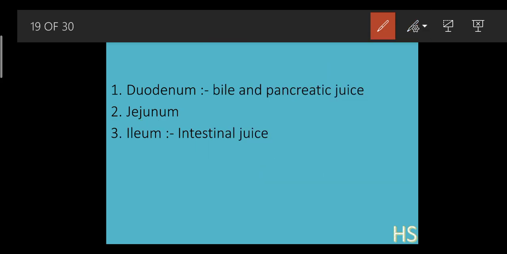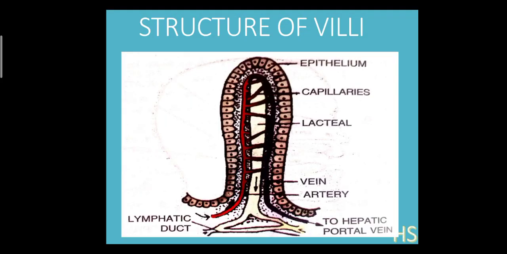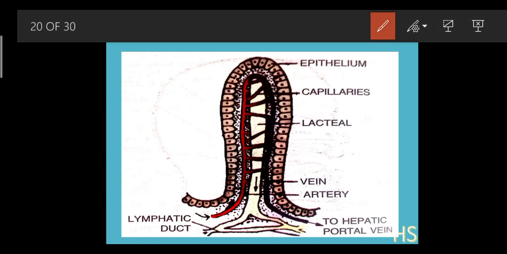Let's have a look at how this structure looks. This is the structure of a villus. The upper coating is made up of epithelium. We have studied the word epithelium in the tissue chapter. Inside, there are blood capillaries, that is arteries, veins and capillaries, and a third structure called the lacteal.